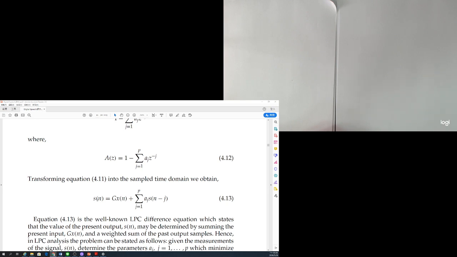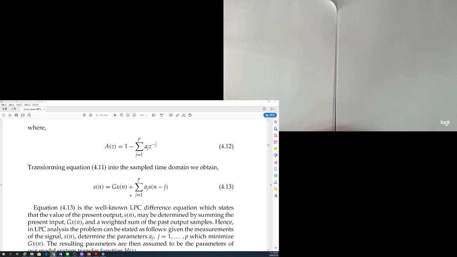This becomes our basic source filter model.